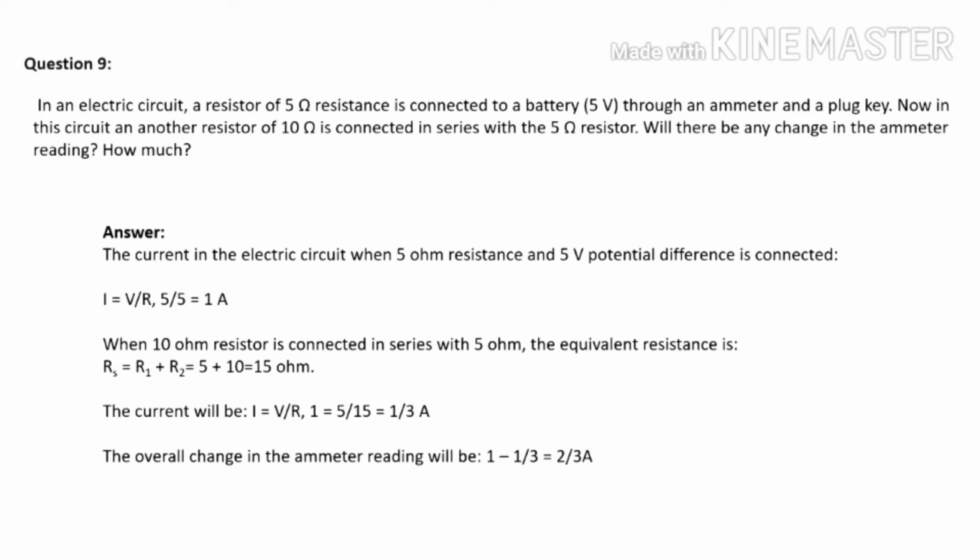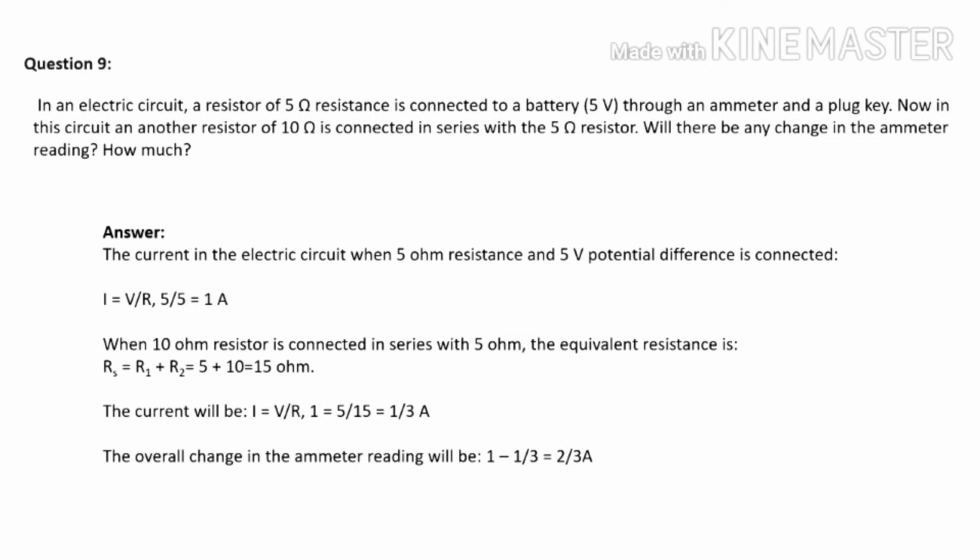In an electric circuit, a resistor of 5 ohm resistance is connected to a battery of 5 volt through an ammeter and a plug. So the first line gives you resistance 5 ohm and battery voltage 5 volt.